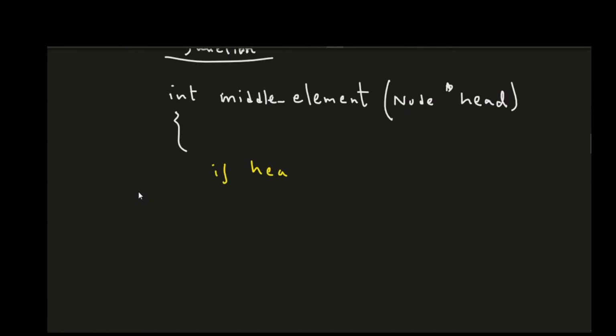If head equals null, then what do we do? We return -1, right?